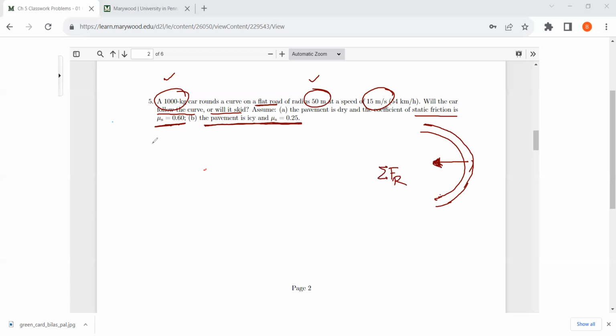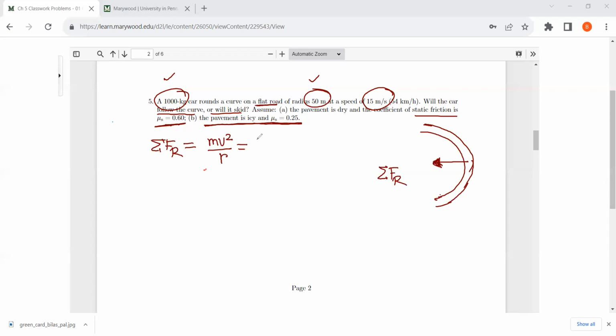The minimum centripetal force we need here is equal to mv squared over r. Let's first calculate that, and then check whether the static friction we have is enough or not.